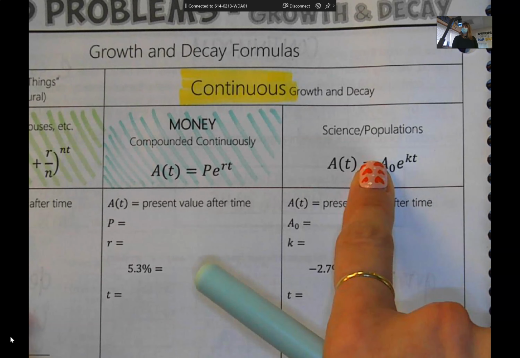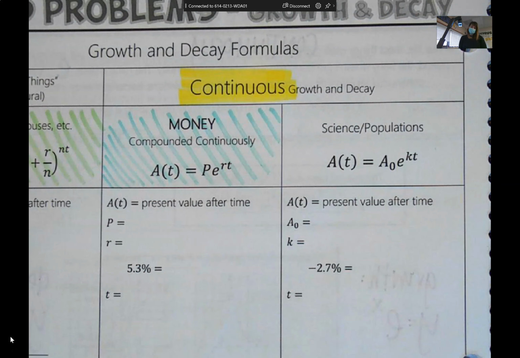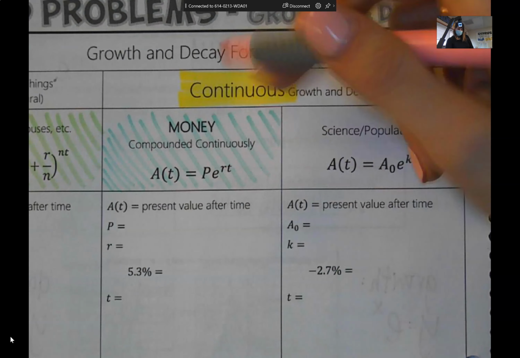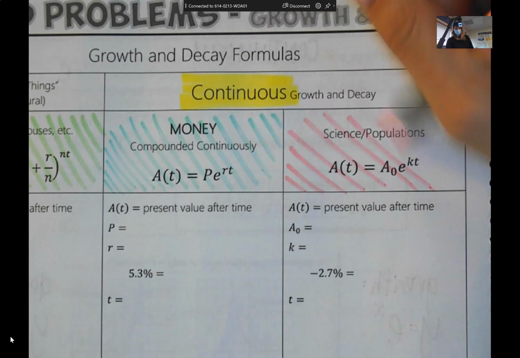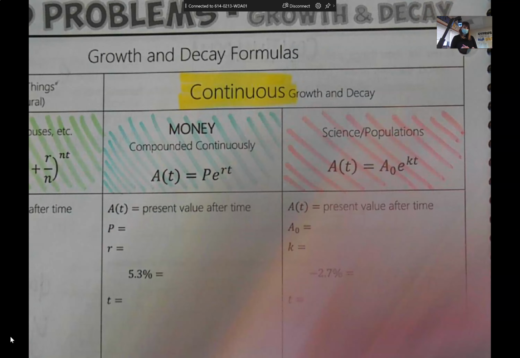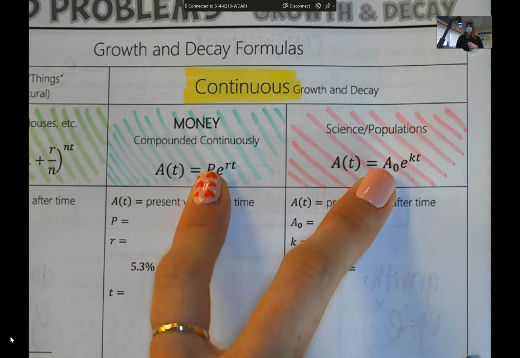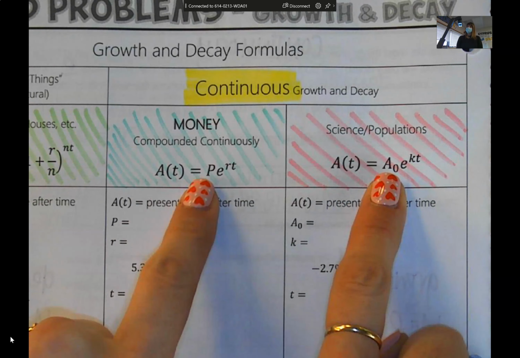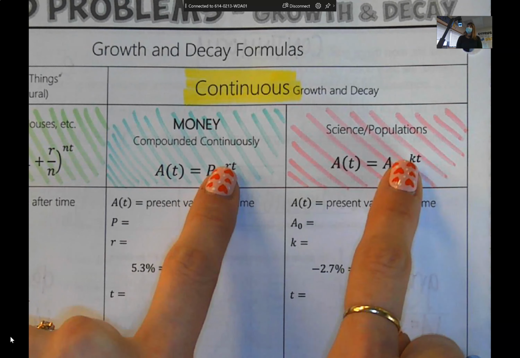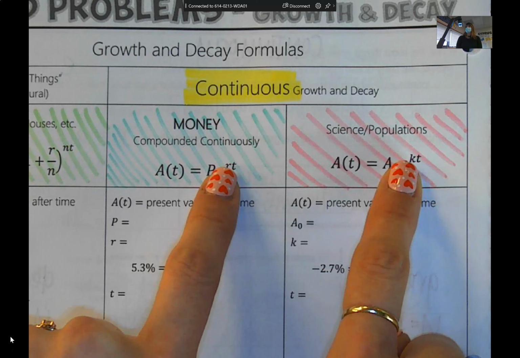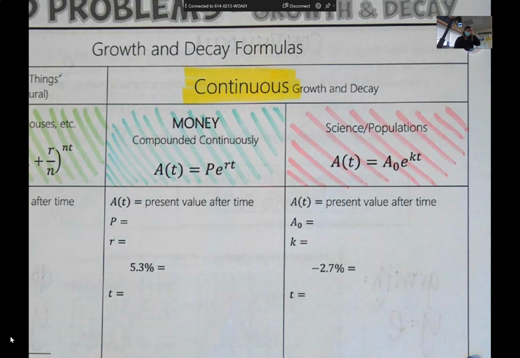PERT is the one that you use for money. This other one is the one that you use for science problems. But really, these two formulas are basically the same. The P and the A sub 0 represent the same thing. They both have an E, and then they both have something multiplied by T. So the letters just represent something different.